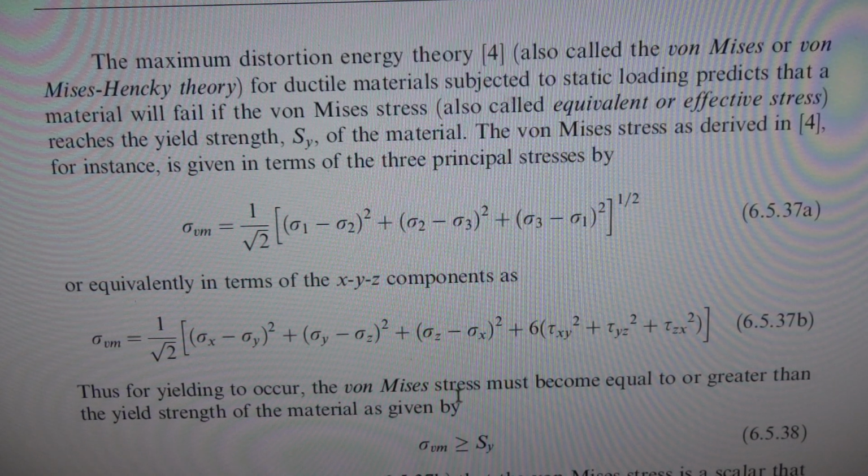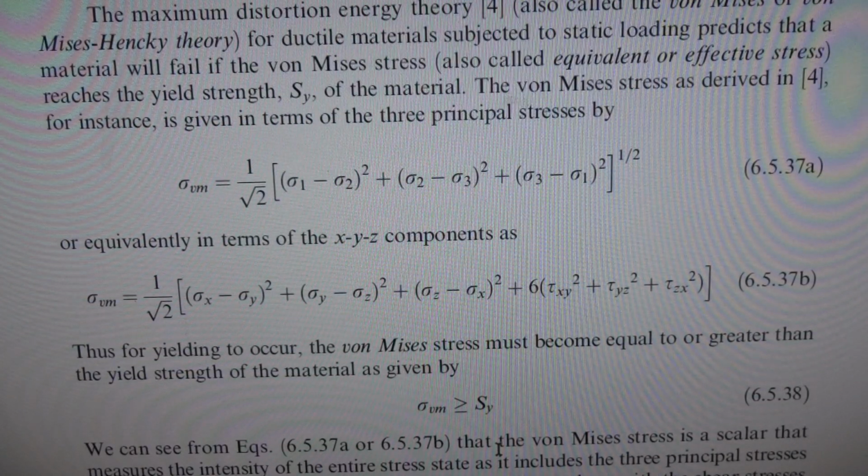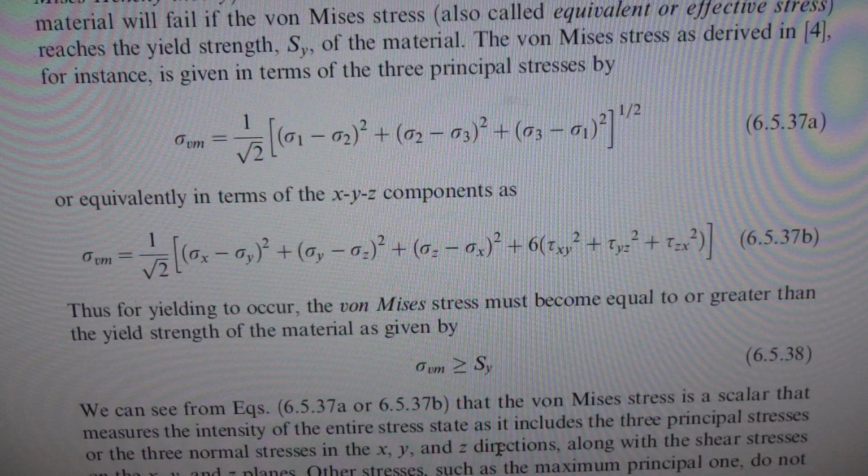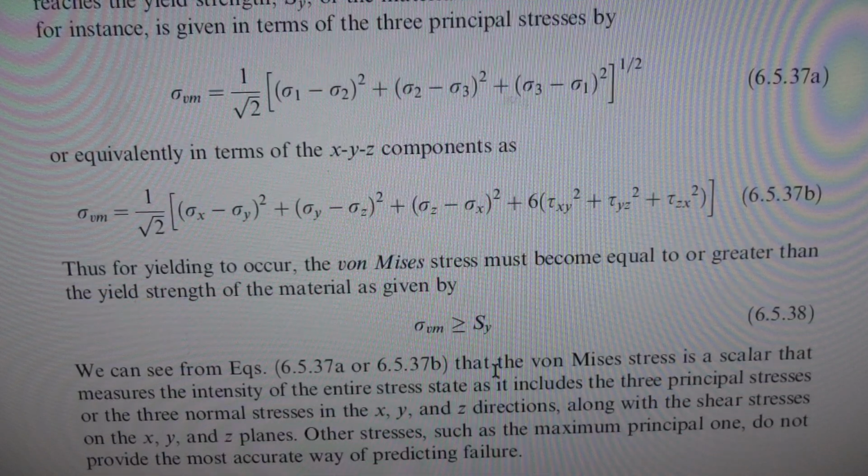And when checking the design, if this von Mises stress is greater than the yield stress, then there is a chance of failure of the material. So for the design, this should be less than the yield stress.